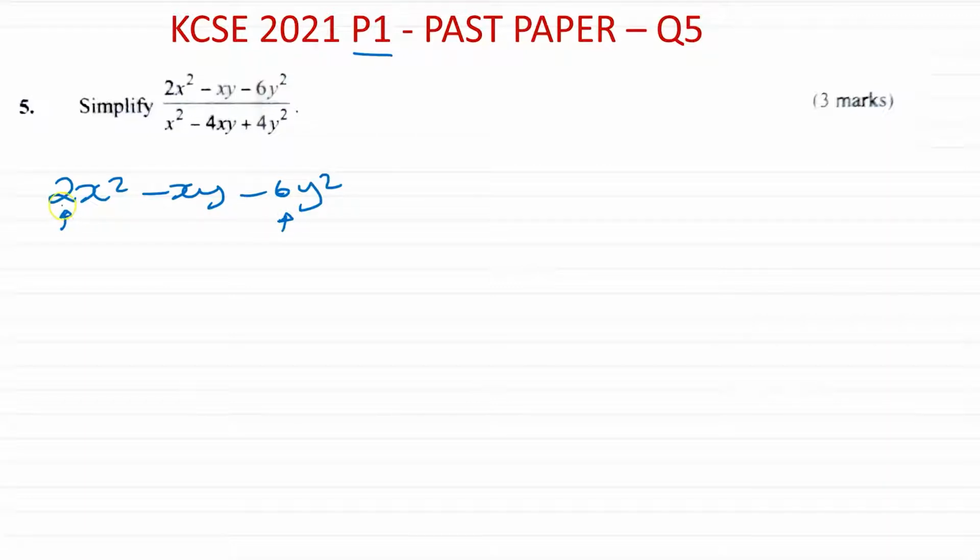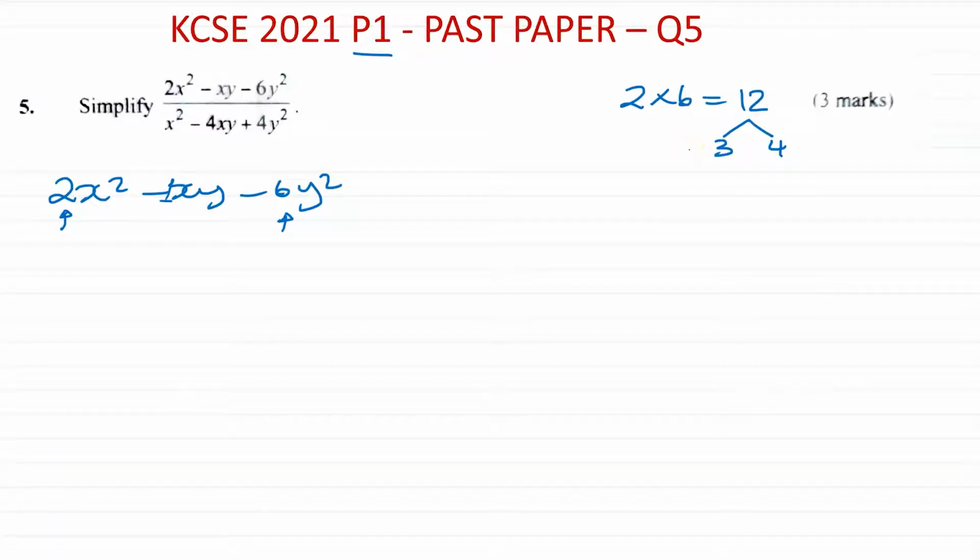So 2 times 6 is 12. Then I think about which numbers are factors of 12 and, if I add or subtract them, will give me minus 1 xy. Which numbers will give me a 1? I can see that's going to be 3 and 4.